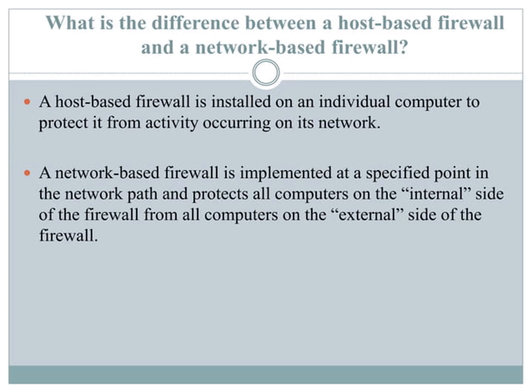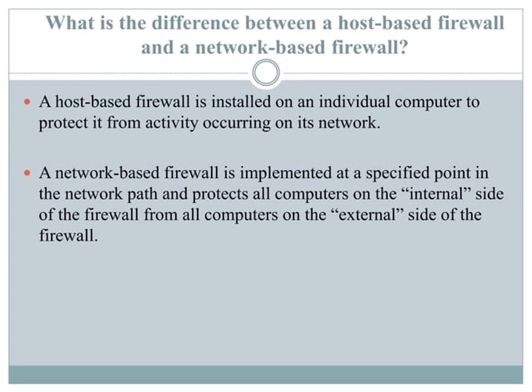A network based firewall is implemented at a specified point in the network path and protects all computers on the internal side of the firewall from all the computers on the external side of the firewall, because the network is a group of computers. These firewalls can protect the internal side of the network from the external side.